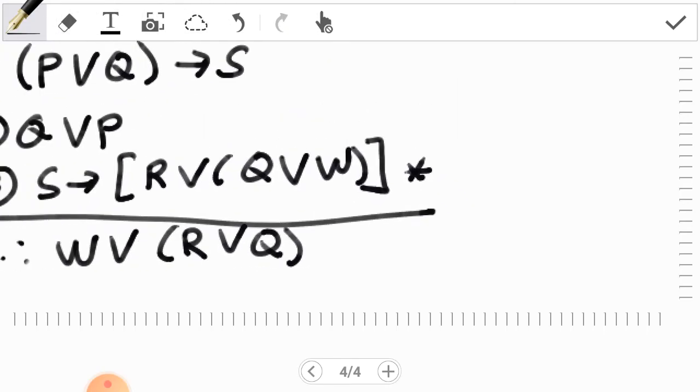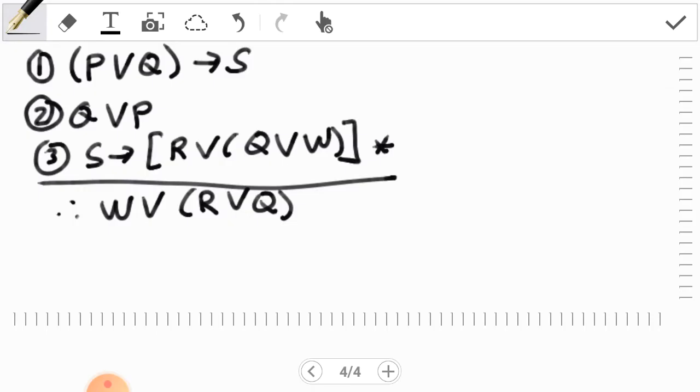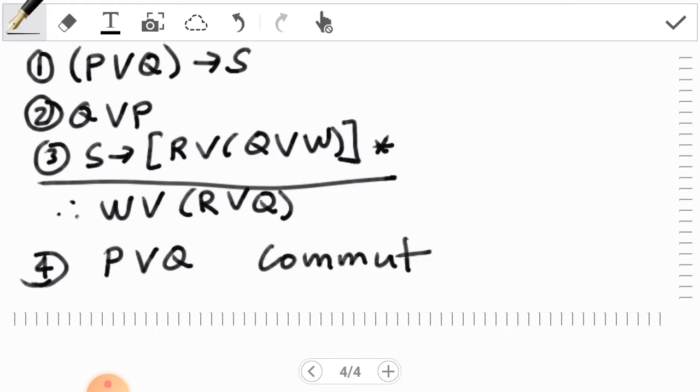So what can we do there? First, if you want, you can interchange P, Q there. So that's the same as P or Q. We're just applying commutativity of line number 2.